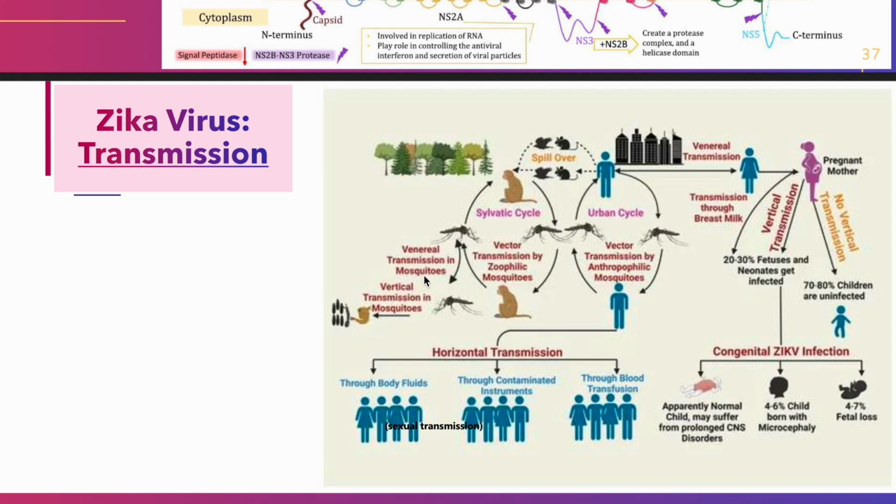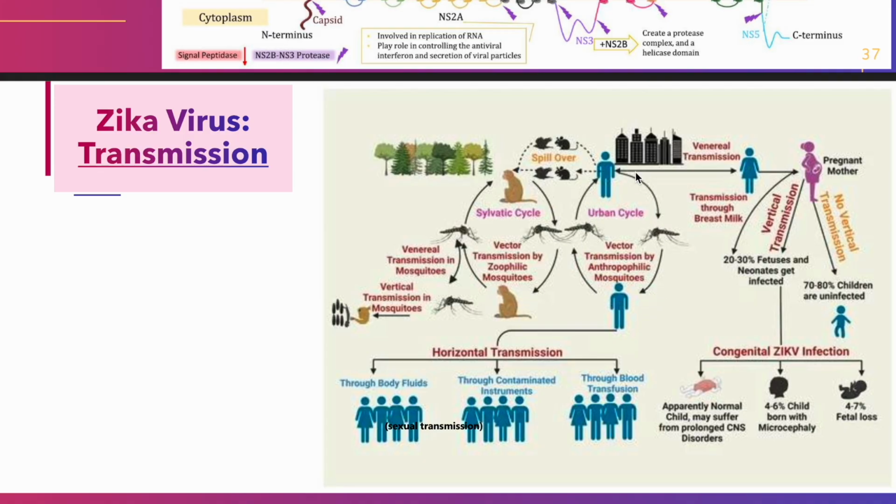In the sylvatic cycle, it can also have vertical transmission in the mosquitoes as well. That means when these mosquitoes lay eggs, the mosquito has the infection with the Zika virus, then the larva of these mosquitoes in the eggs also has the Zika virus.